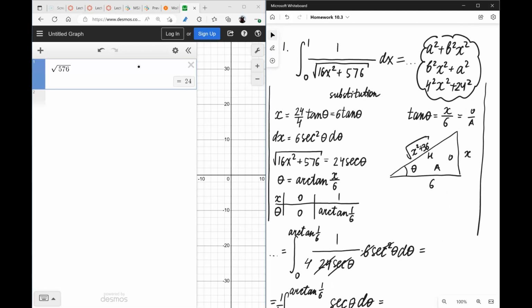Secant of arctan of 1/6 is going to be equal to secant of theta when x is equal to 1. And secant of theta, according to this reference triangle, is hypotenuse over adjacent, so it's going to be the square root of 1 squared plus 36 over 1, which is just the square root of 37.